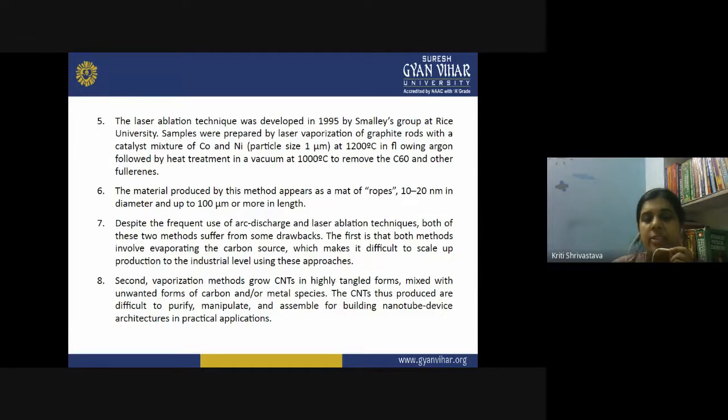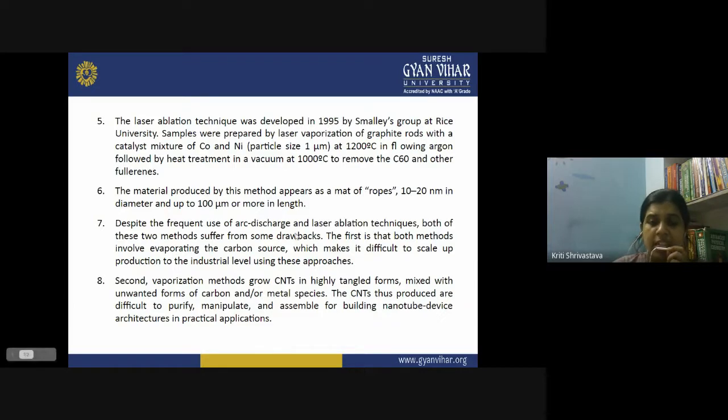The second disadvantage is the vaporization methods grow CNTs in highly tangled form mixed with unwanted forms of carbon and metal species. So the crude product is highly impure. In addition to CNT, they could have many other types of carbon particles deposited along with them.